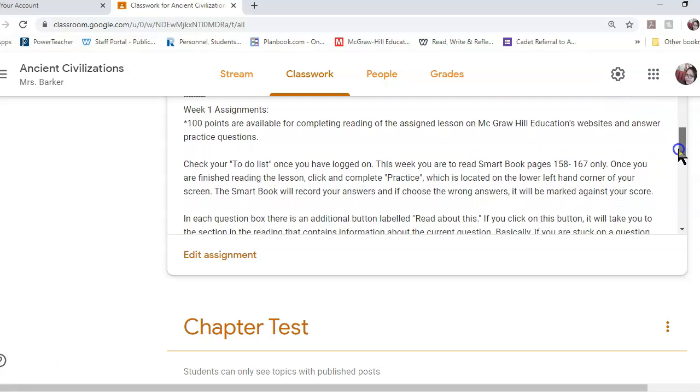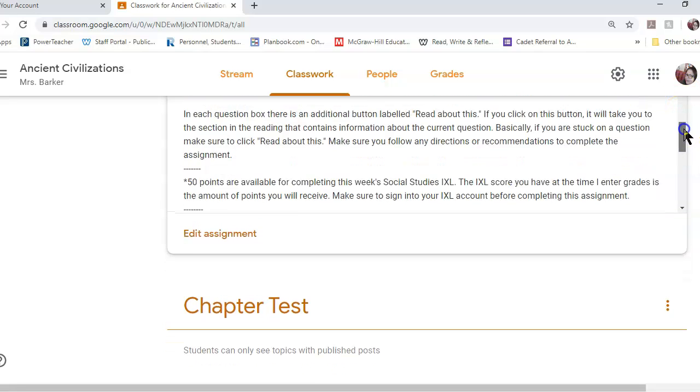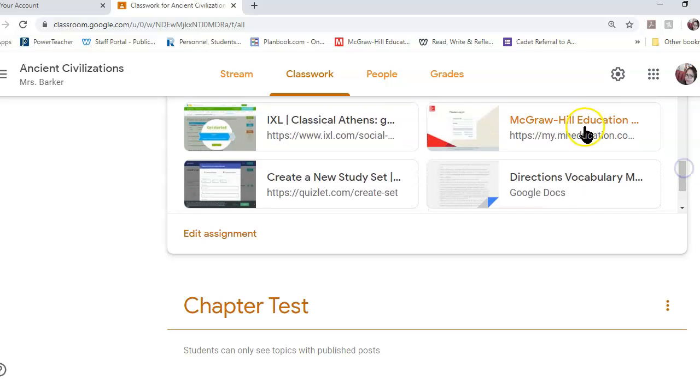Our week 1 assignments. 100 points are available for completing reading of the assigned lesson on McGraw-Hill Education's website and answering practice questions. So what you're going to do for this is down below you will see a link to McGraw-Hill. You will go to McGraw-Hill.